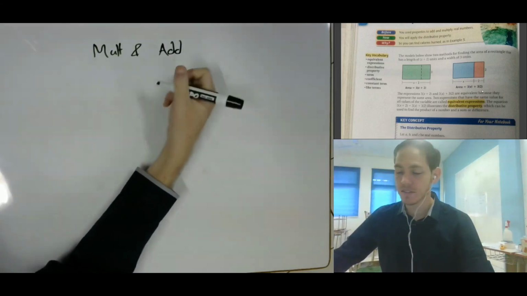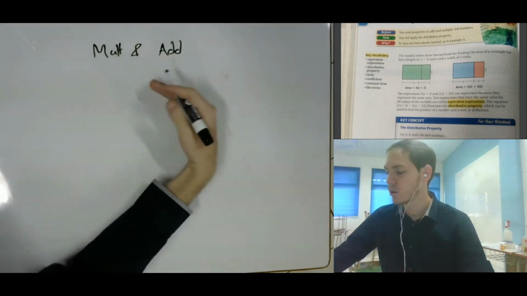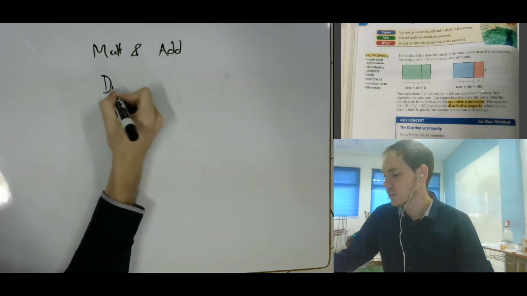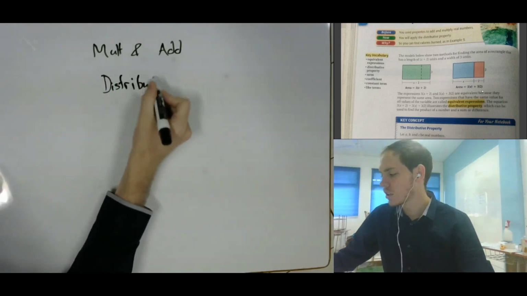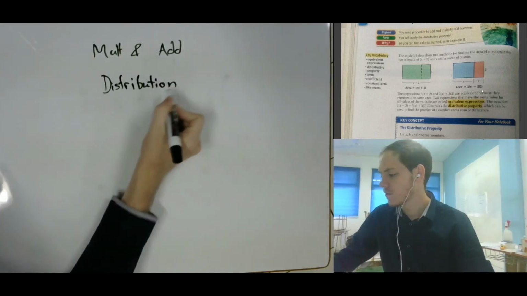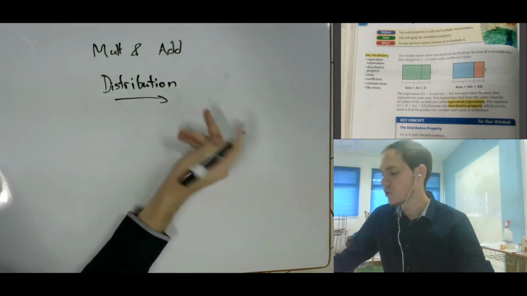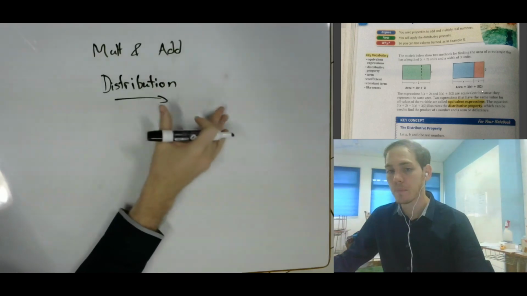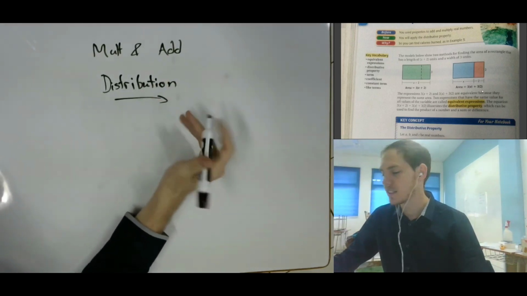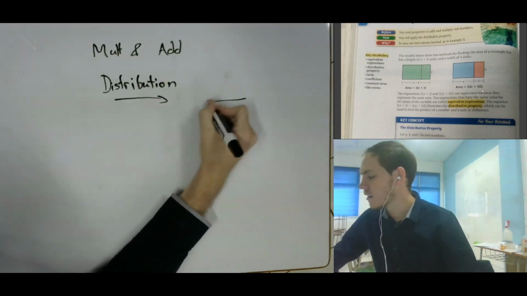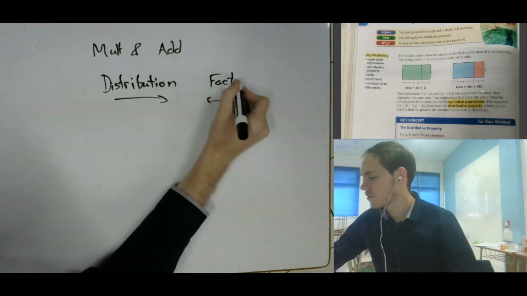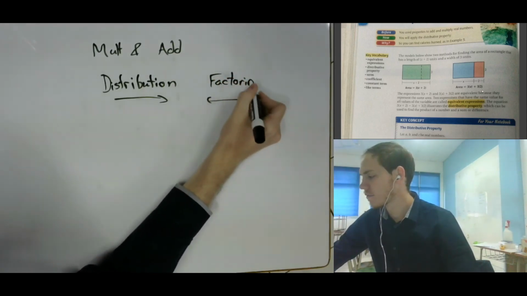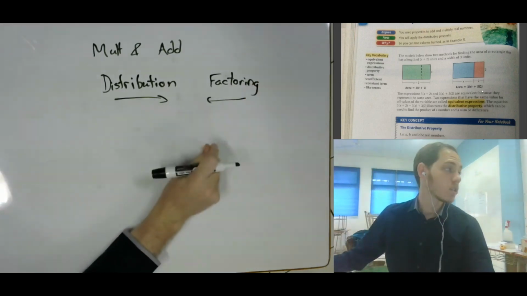The opposite of this, the reverse of distribution, if distribution goes this way to put things together, then the opposite direction is called factor. Okay? So these two are our directions.